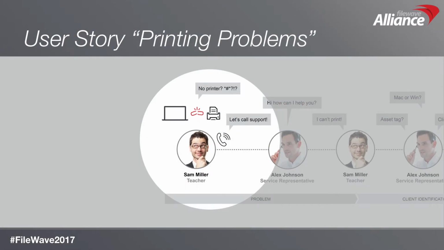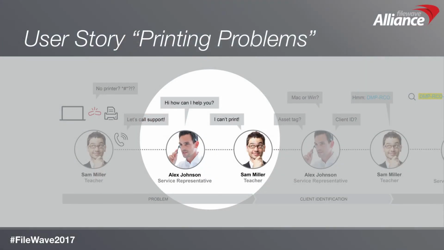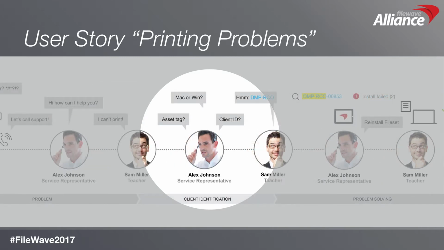May I introduce you to Sam? Sam is a teacher, and he just got a new MacBook. But Sam has a problem, because he can't print. Therefore, he called support. Alex is working as a service representative and is not the FileWave expert. First level support. First, Alex needs to identify the client by asking Sam for an asset tag or client ID.